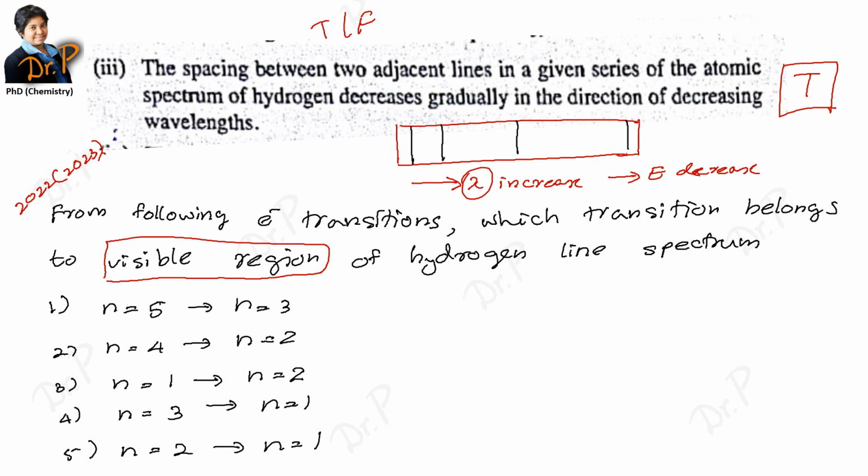You get that if you have a transition from a higher level to n equals 2. So you have two options that show transitions to 2, but only option 2 shows a transition from a higher level to 2.